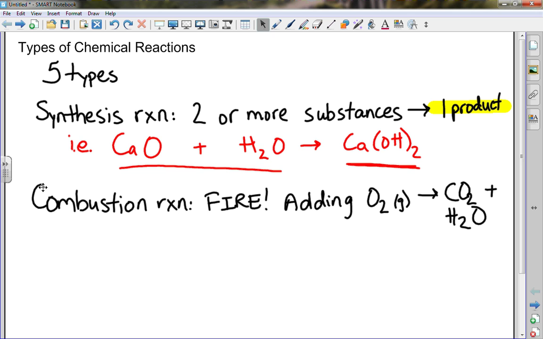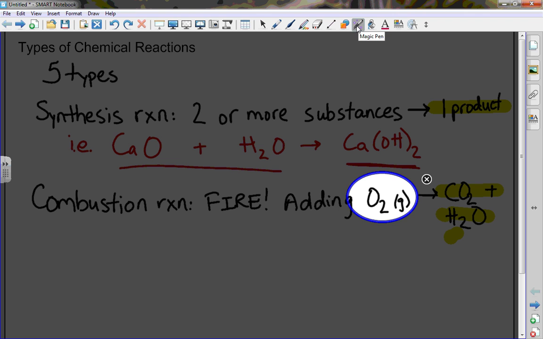Those are always your products, carbon dioxide and water, when you're looking at hydrocarbons. Sometimes you'll just have another product, depending on what you're adding. But the biggest key here with combustion reactions is this adding of oxygen gas.